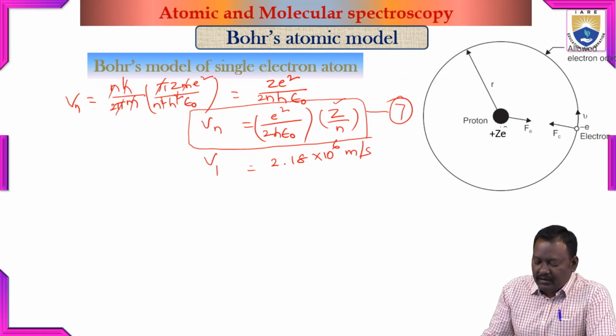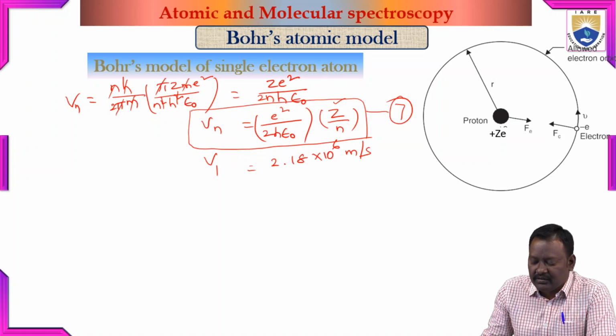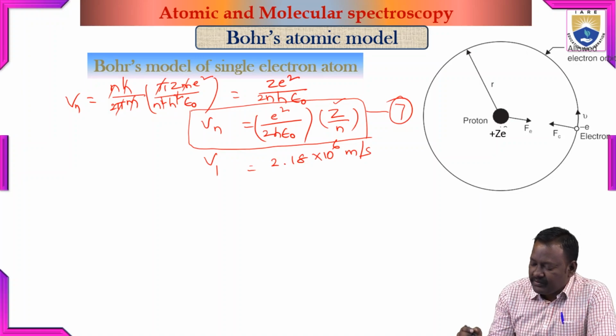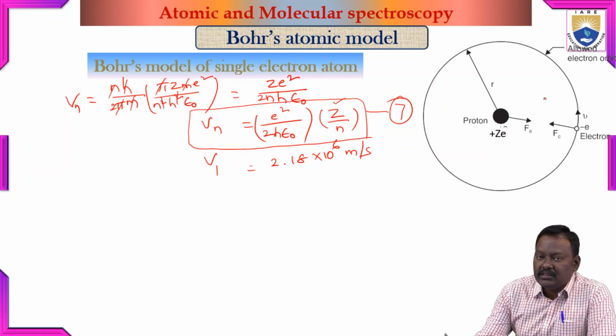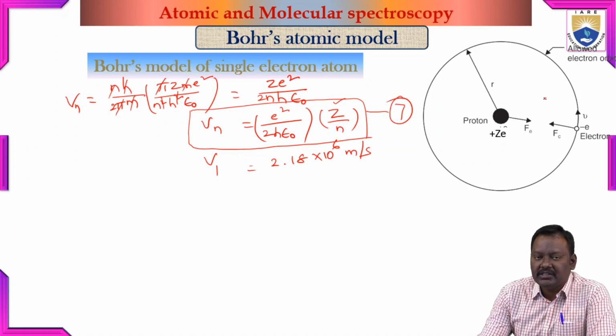So now let us find the energy values of electrons in different orbits for different single electron atoms. Let us say the electron is moving in the same stationary orbits.